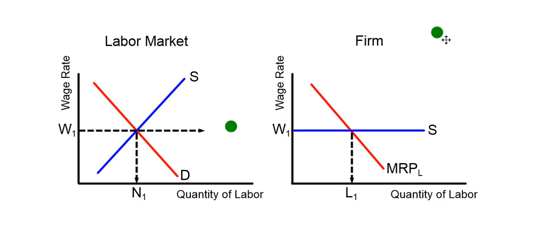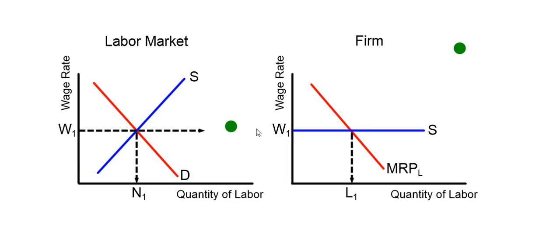It's funny, most of the graphs that you can find online have the firm on the left and the market on the right. But it seems to me to make more sense to start with the market on the left and work over to the firm.